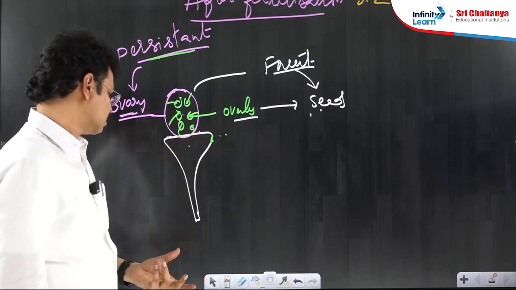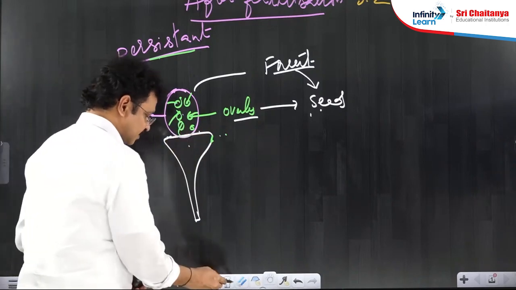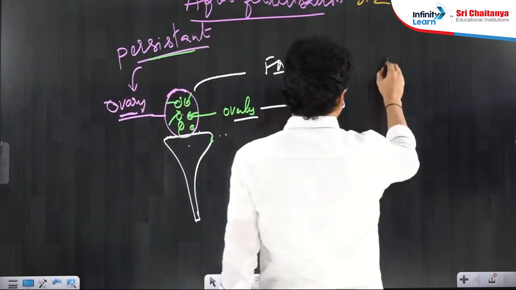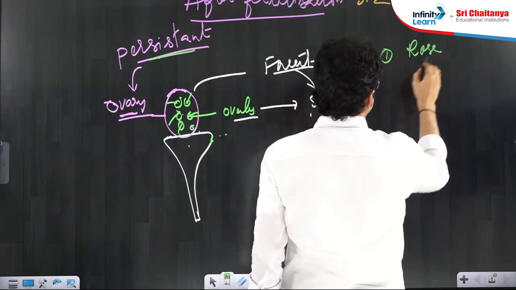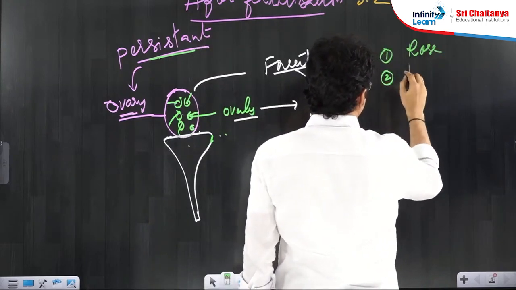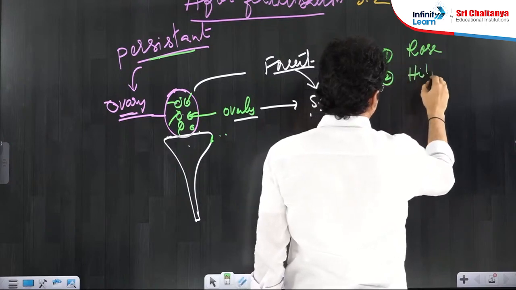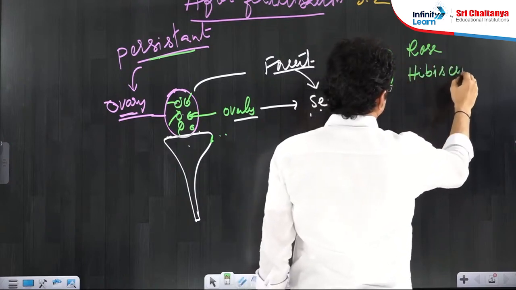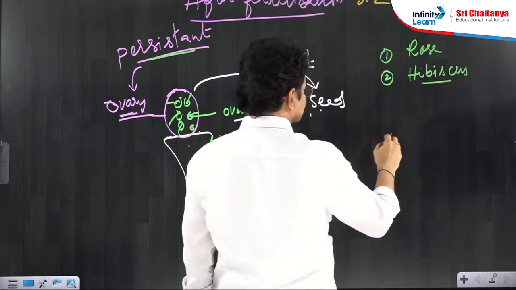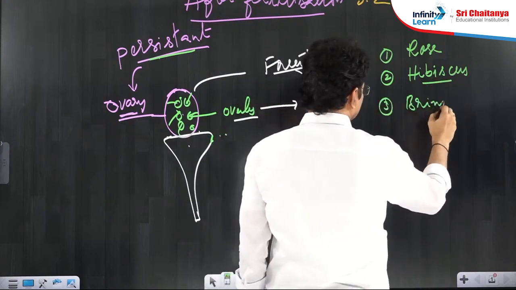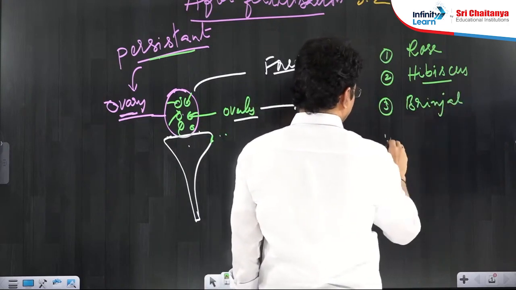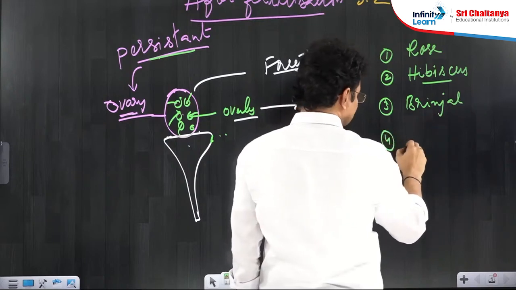Name the plant. I will give some options. One is rose, second hibiscus, the scientific name of China rose, third brinjal, fourth banana.